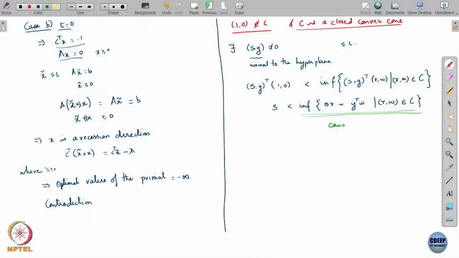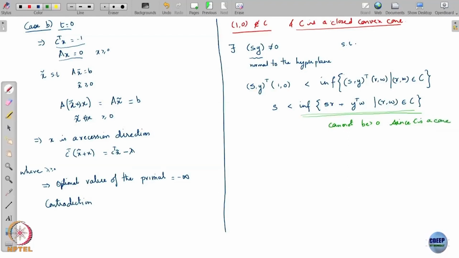Can it be a negative value? So, this infimum cannot be positive since C is a cone. Can it be negative? Can it be -1?